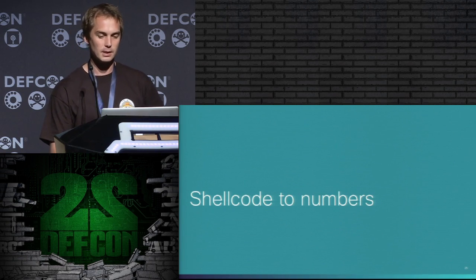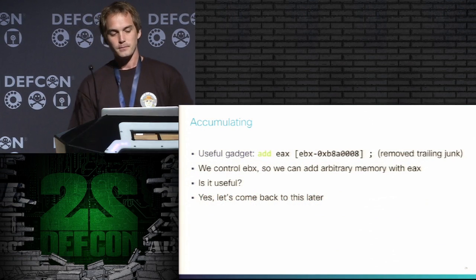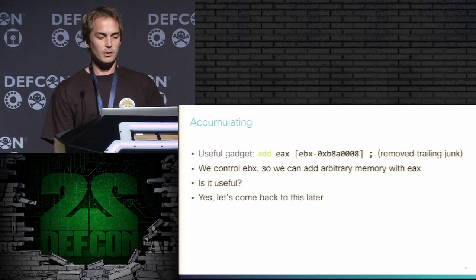So the further part of the talk will just focus on those two gadgets, and how I use them in order to achieve code execution. Basically we've got a useful gadget here which is add memory to a register.